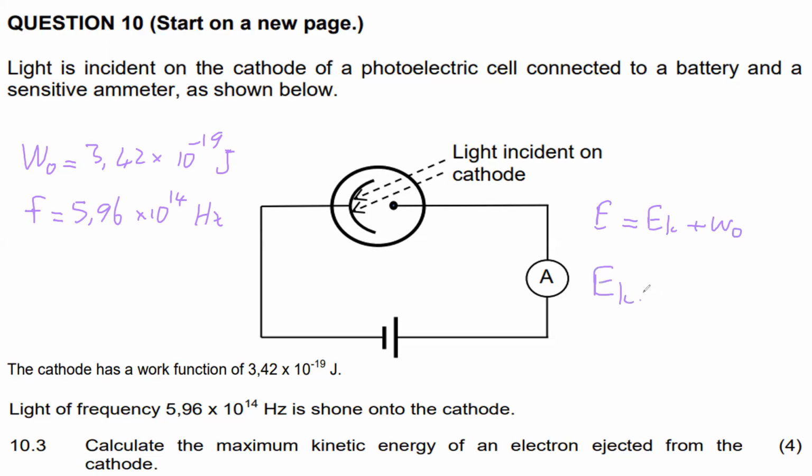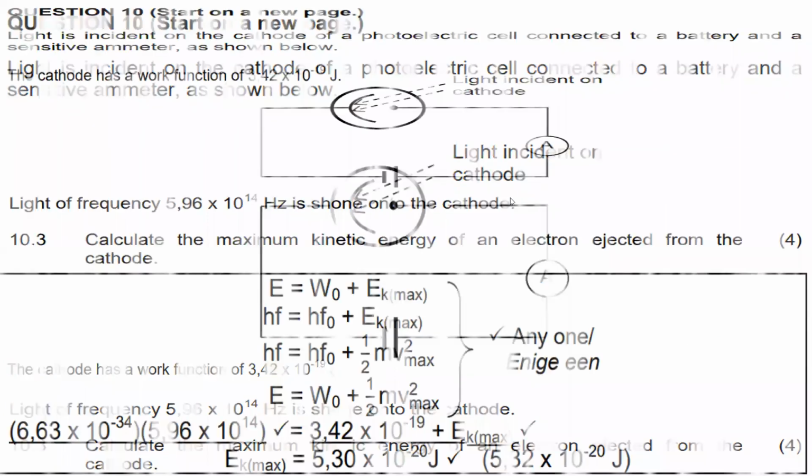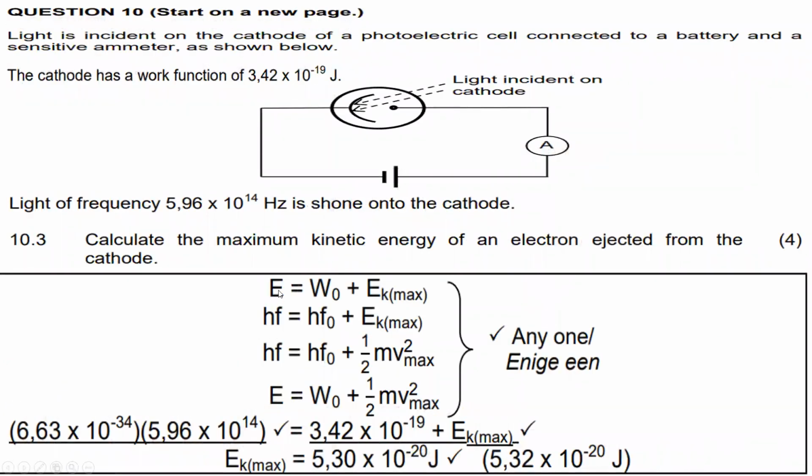So kinetic energy equals E minus work function. How can I get E if I know the frequency? E equals hf. We know h, Planck's constant, and f is given. Minus the work function, already given. So it is easy, we can just get it. Let's show from the memorandum. See, E equals work function plus E max, and you are writing all the givens.